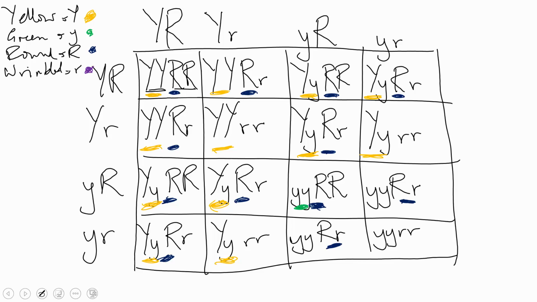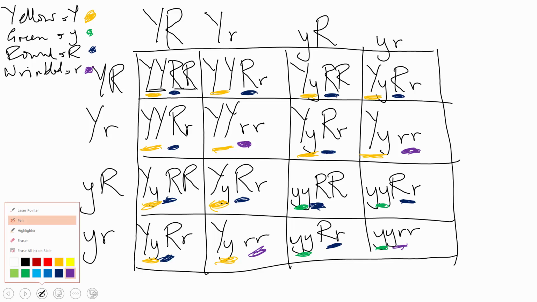That's one, here's another, here's another, here's another. So there are only 4 places I can put the green color. Let's look at the purple color, which happens to be the recessive form of the seed shape, and that's wrinkled. That happens to be this one, that one, that one, and that one.